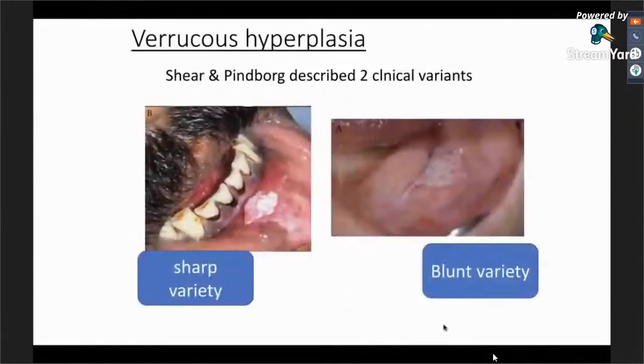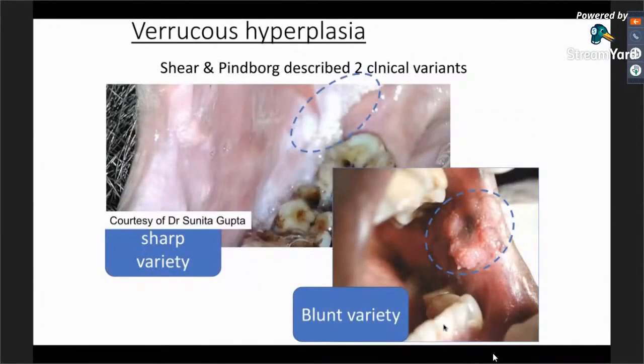And these are two verrucous hyperplasias that are considered as sharp variety and blunt variety in the paper by Shear and Pindborg, and another two that are courtesy of Dr. Sunita. There is a little verrucous here, and if you notice these white lesions, clinically we can actually call it verrucous leukoplakia.